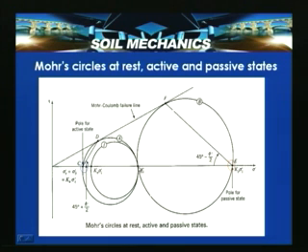Here sigma z dash is the vertical stress at a depth z. When you draw a line from this point to the other end of the Mohr circle, that point becomes the pole for the active state, shown with a highlighted portion, and CD is the failure plane inclination, which is 45 plus phi dash by 2.